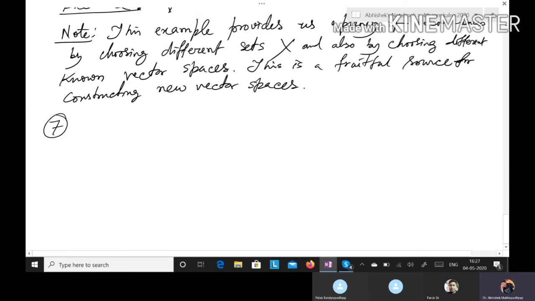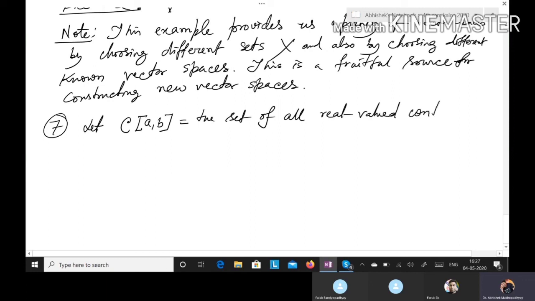Now let us give you another one. Let C[a,b] be the set of all real valued continuous functions f defined on the closed bounded interval [a,b].